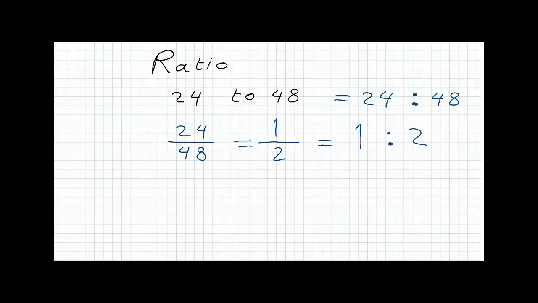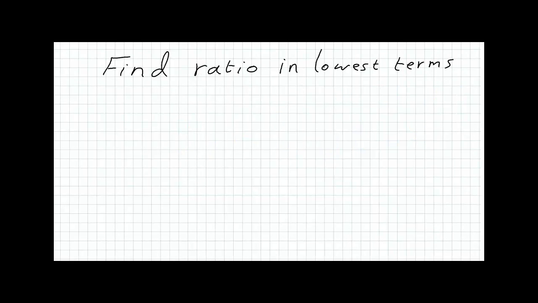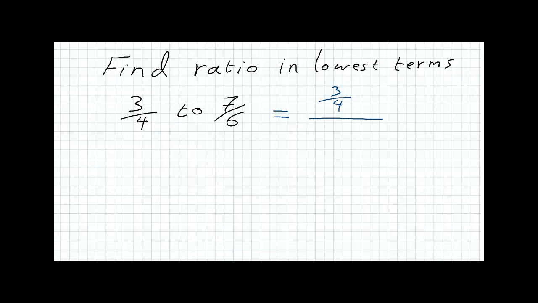Let us take another example here. Find the ratio in lowest terms, 3/4 to 7/6. The same way we have done before. 3/4, we can put it in a fraction in the numerator, divided by 7/6.